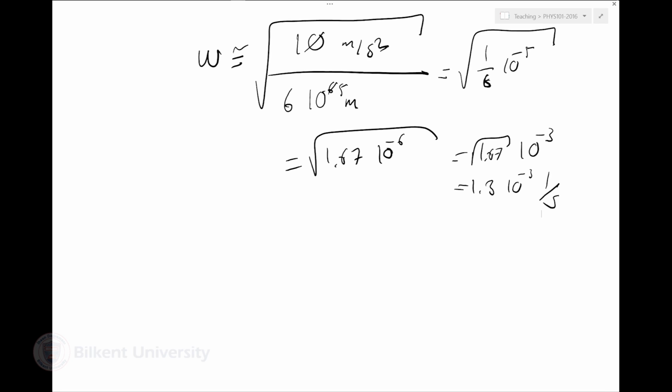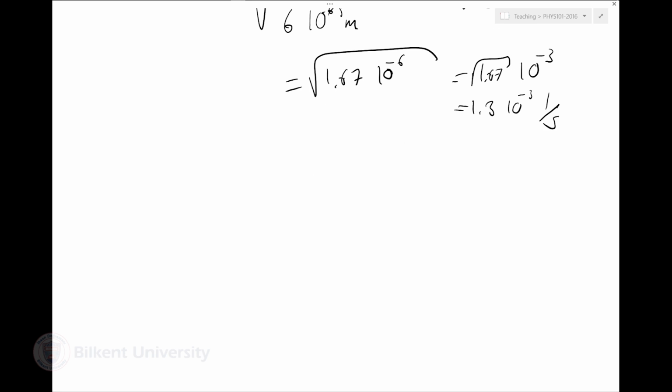How fast a rotation is that? It's not a very fast rotation, you might think, right? That's a small angular velocity, 10 to the minus 3. What's the current omega of the Earth?